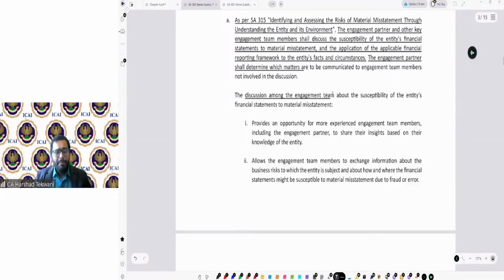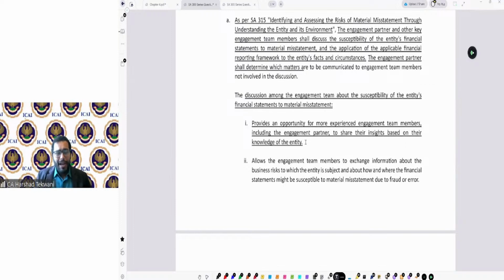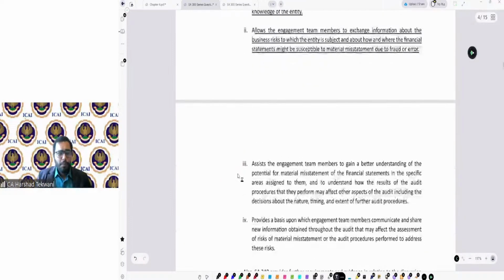The discussion among the team members about the susceptibility of the entity's financial statements to material misstatement provides an opportunity for more experienced team members, including the engagement partner, to share their insights based on their knowledge of the entity. It allows the engagement team members to exchange information about the business risks to which the entity is subject, and how and where the financial statements might be susceptible to material misstatement due to fraud or error. These are the benefits of discussion within the engagement team.